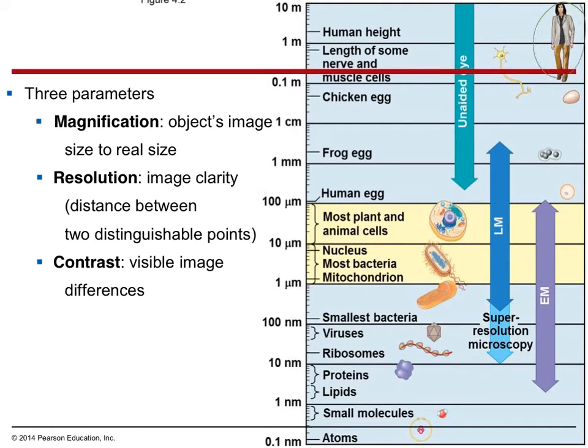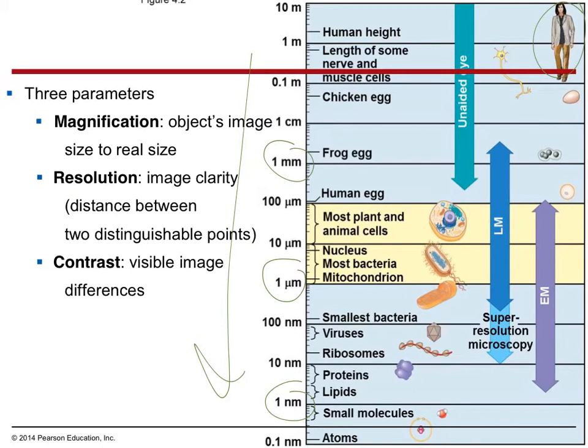So we've got this organism up here. Things are getting smaller as we go down. A nanometer is 100,000 times smaller than a millimeter. We have 1 micron, which is 1,000 times smaller, and then we have this thing called a millimeter.